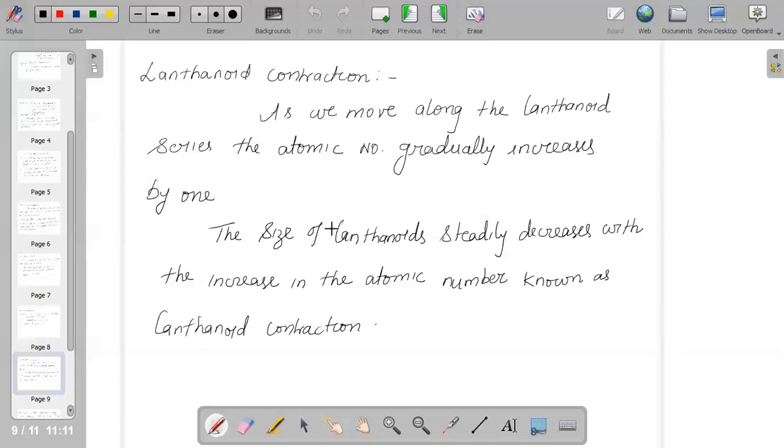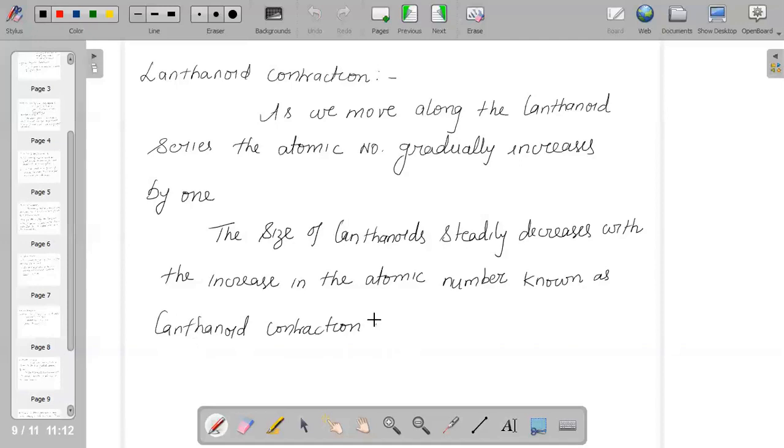And since then, the size of the lanthanoids will steadily decrease with the increase in atomic number, and that phenomenon we are calling lanthanoid contraction.